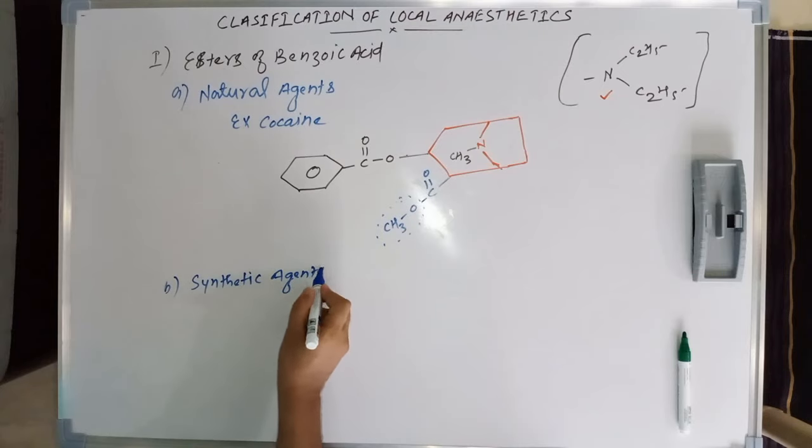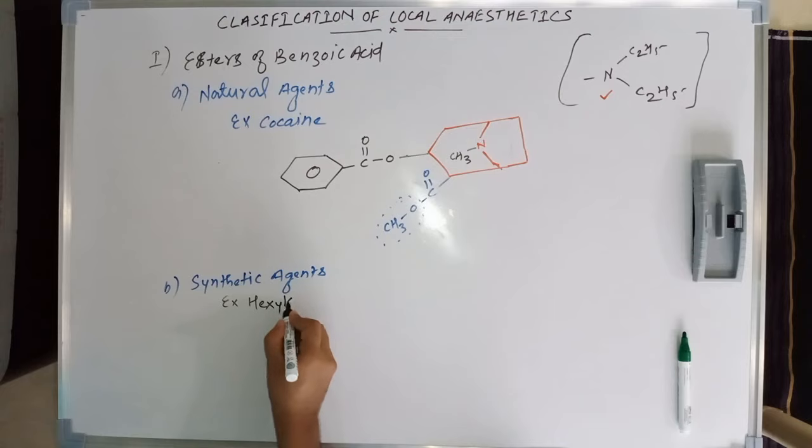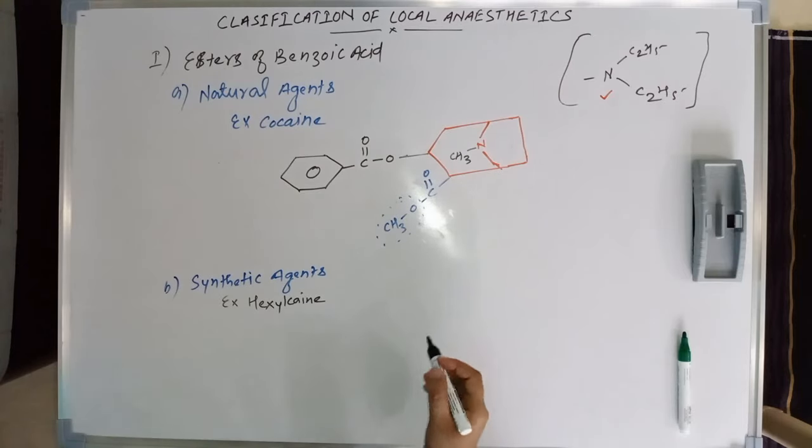Now the second category is synthetic agents, and the best example of a synthetic agent is hexylcaine. What is the structure of hexylcaine? Hexylcaine comes under the class ester of benzoic acid.